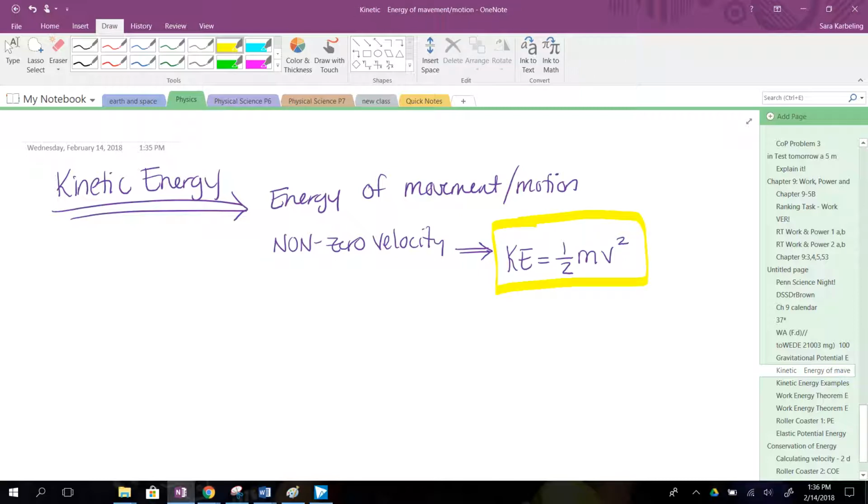The 1/2 comes from kinematics. You can derive it from kinematics. We're not going to do that today, but I just want to make sure you know that there's a 1/2 in there. And then we're going to do a problem with it in a second. I'm just going to write this down.